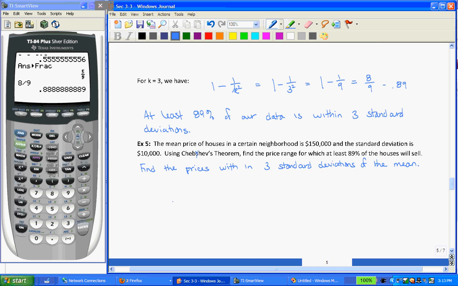So just like we did before, I'm going to take the mean, that 150,000, and I'm going to subtract off 3 times the standard deviation. And I'll also take the mean and add on 3 times the standard deviation.